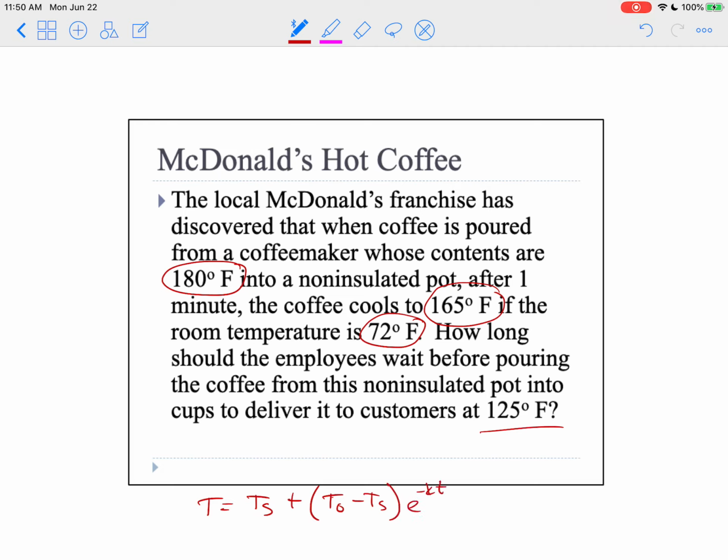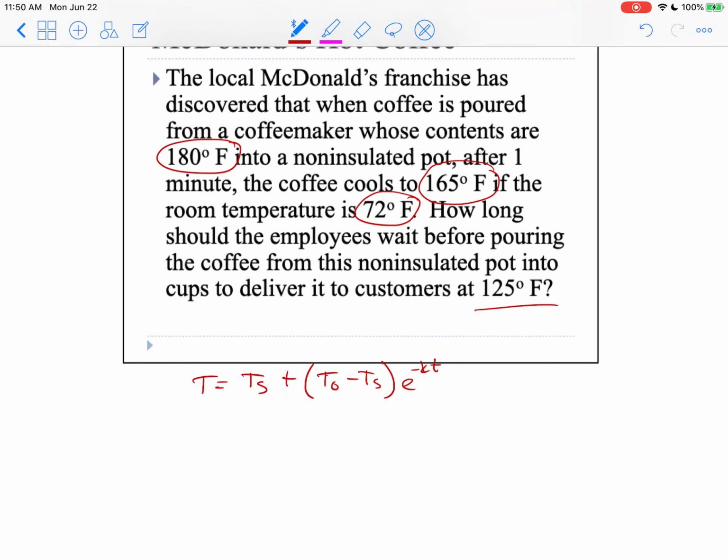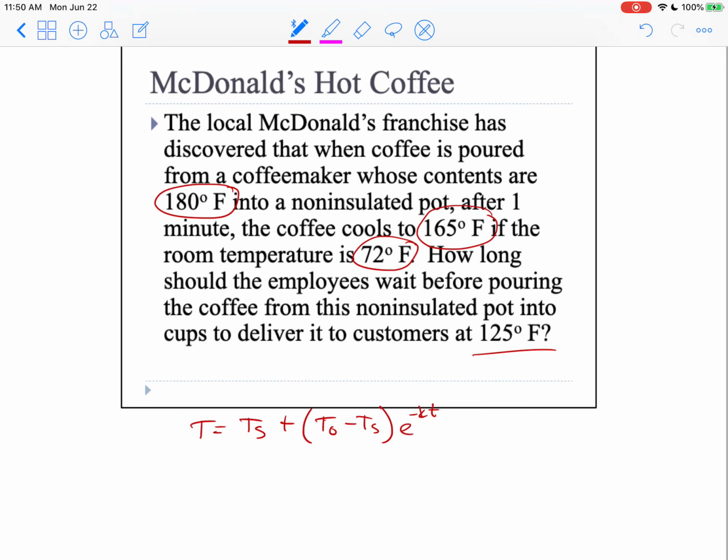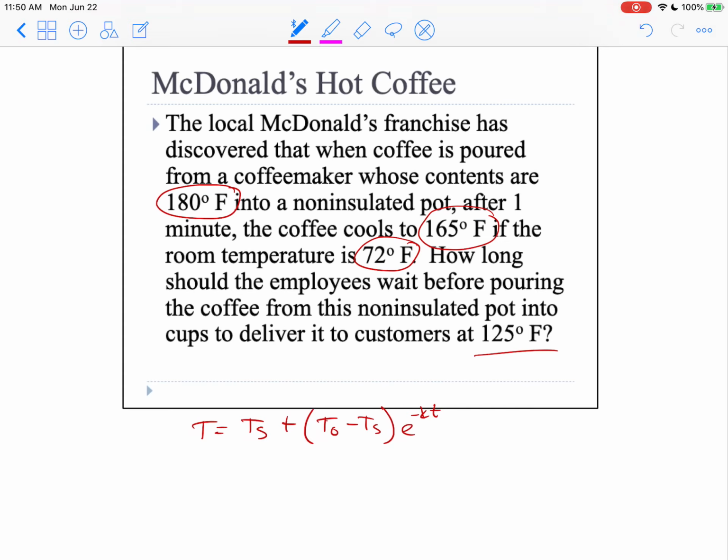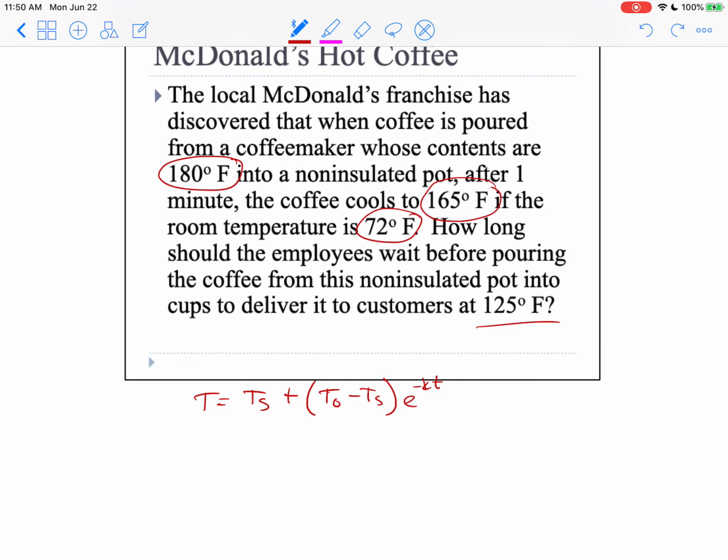Okay? Now, in order to answer any questions about this particular cup of coffee coming from McDonald's, I need to know this K value. And so that's actually going to be the first thing that I try to solve for here.